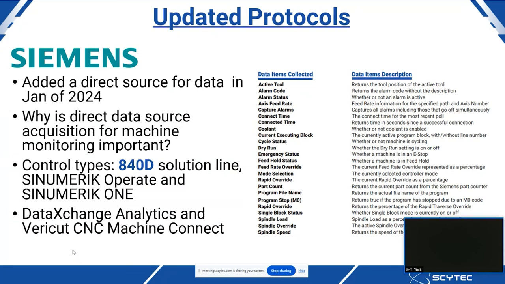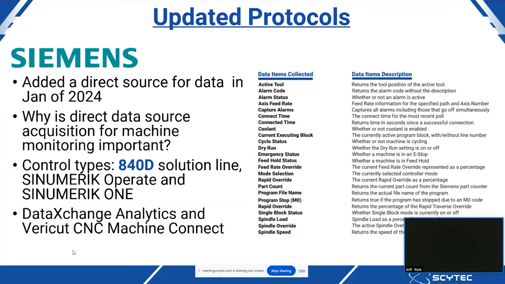And what this does is, through one way or another, Scytec DataXchange can connect to just about any piece of equipment out on your shop floor by either MTConnect or OPC-UA protocols, as well as things like Modbus TCP, and also some hardware that we supply that is a PLC device that can be mounted in the back of your electrical cabinet that can pull information off of different machines, sensor types, either digital or analog.